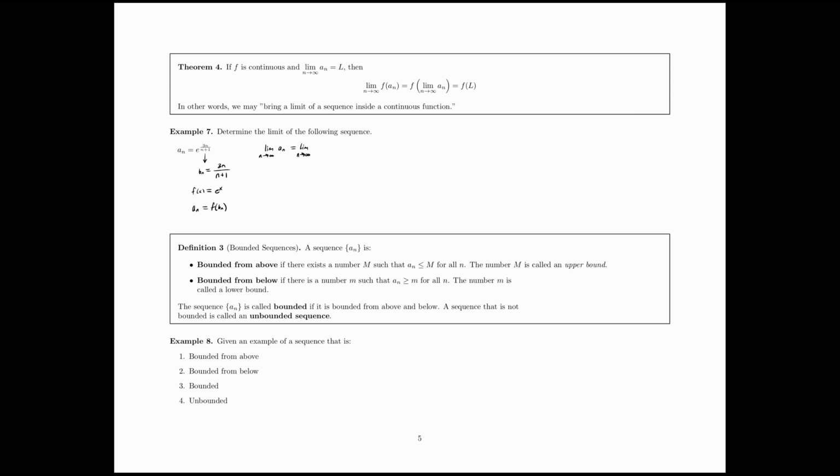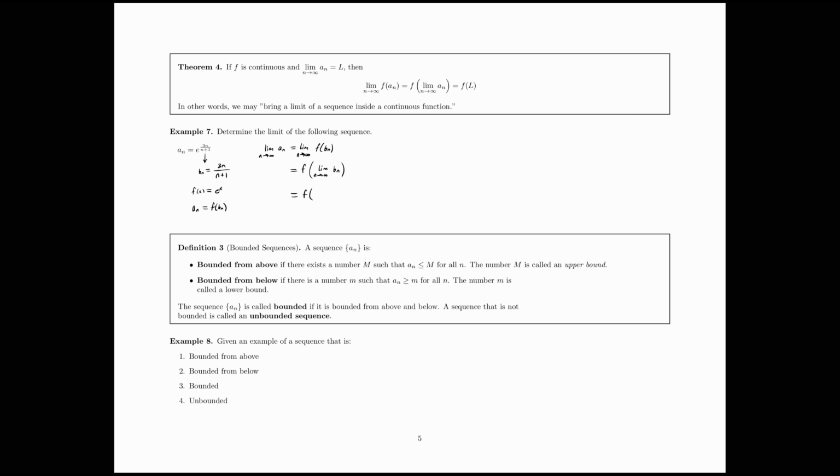A sub n, we just argued, is the function f applied to the general sequence term b sub n. So then this theorem allows us, since f is continuous, to pass the limit through the function and just take the limit of b sub n.